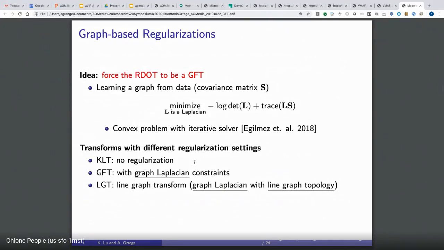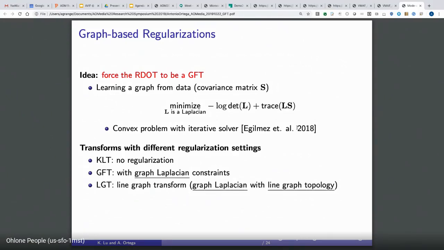Okay, so far so familiar. Now, one thing we wanted to explore is what happens if we introduce some regularization in how we learn the KLT. So instead of learning the KLT, which would be just using the eigenvectors of the covariance matrix, what we do is look for a Laplacian, such as the generalized Laplacians that I introduced in one of the first slides, that approximates the inverse of the covariance matrix under some regularization that makes it a Laplacian.